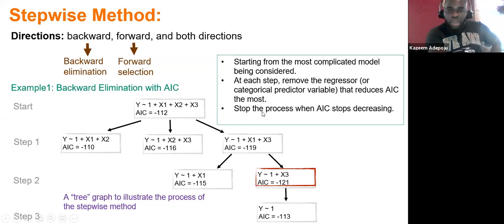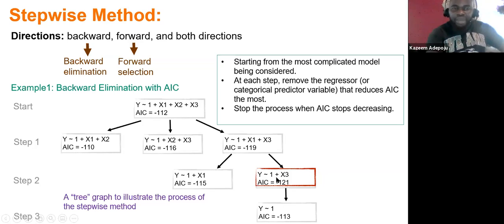Then stop the process when AIC stops decreasing. You're going to see that the AIC has been decreasing all the way to this. But from here, when you go further to this, it's going to increase. It means you're going to stop the process right here.